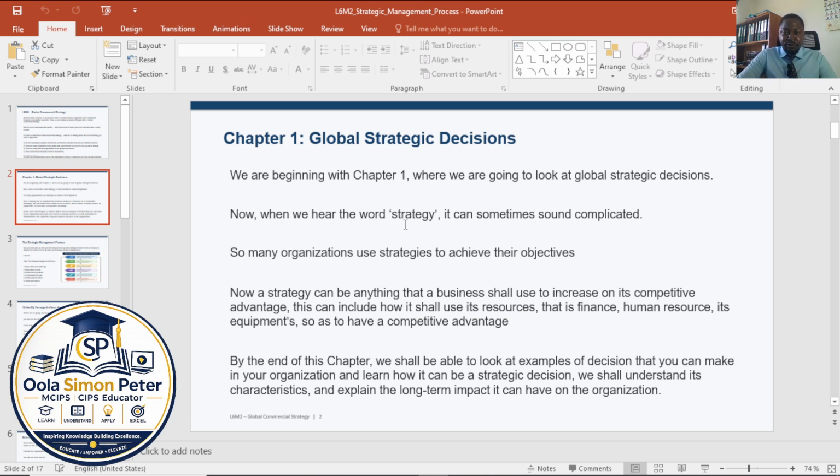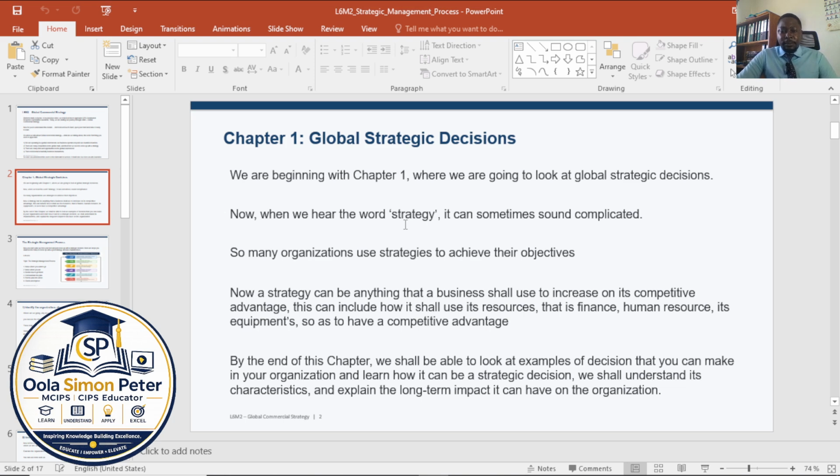Even you as an individual might have come up with some strategies to achieve your objectives. A strategy can be anything that a business can use to increase its competitive advantage. It can include how it shall use its resources, its finances or human resource, and its equipment, so as to have a competitive edge in the environment it's operating.